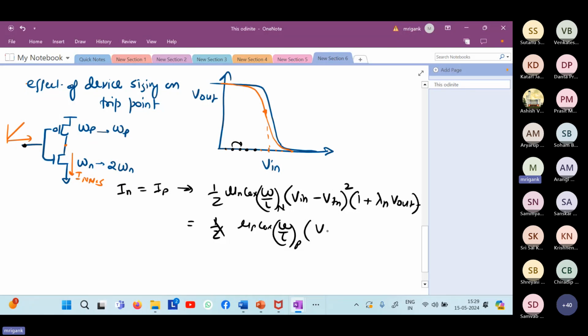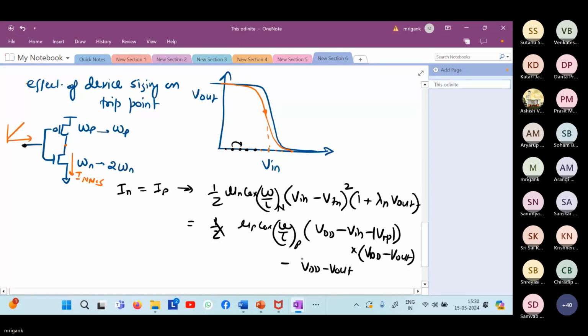Now what is VSG? VSG is VDD minus V in, so this is your VSG minus mod VTP, times VSD, where VSD is VDD minus V out, minus VSD square by 2. So this is the equation that you have.